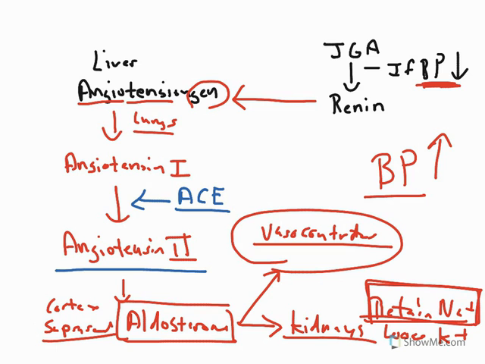You will see a little more detail when we discuss renal physiology, because we'll discuss how the various forms of angiotensin affect the kidneys, and a little more about the loss of potassium. Other than that, guys, this is all we really need to understand here. This is a very important concept, so please take time to understand it and make special notes.